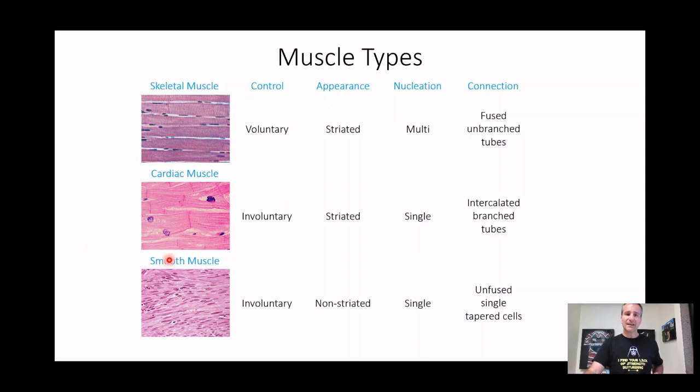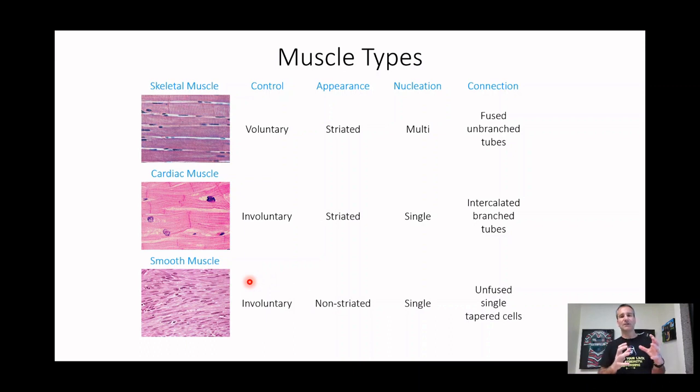And lastly, smooth muscle. It's called smooth because it's non-striated. You don't see these lines in the smooth muscle cell. This is completely involuntary muscle.